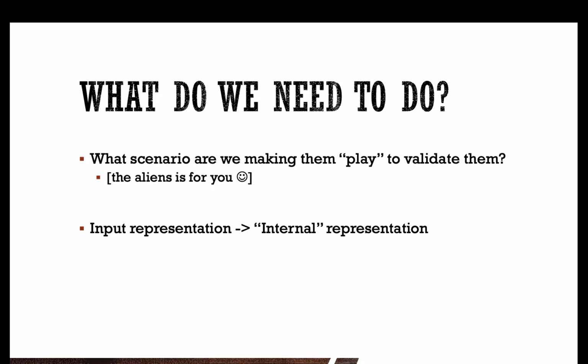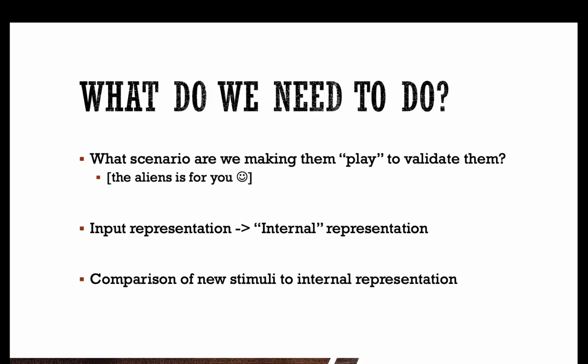So then we will discuss how these three different classes of models deal with input representation and internal representation, how they develop a comparison of new stimuli to the internal representations, and how they make a decision.